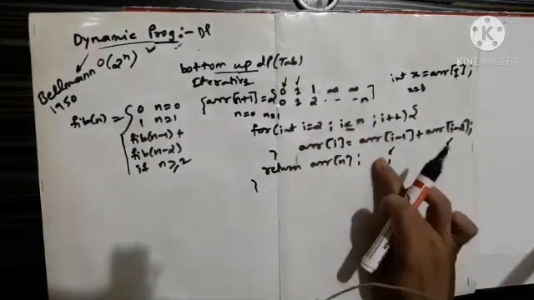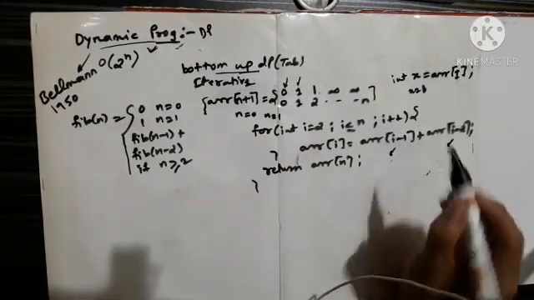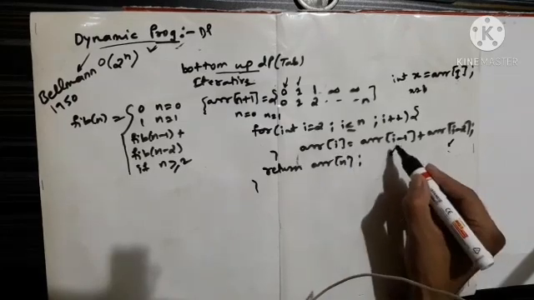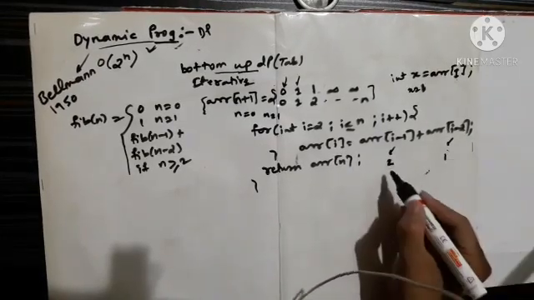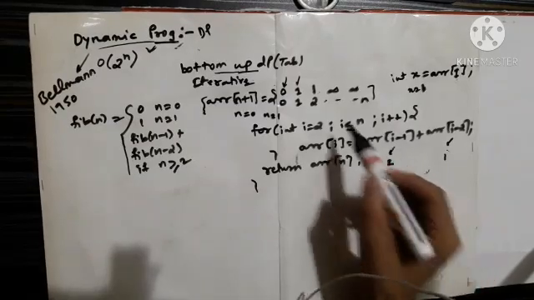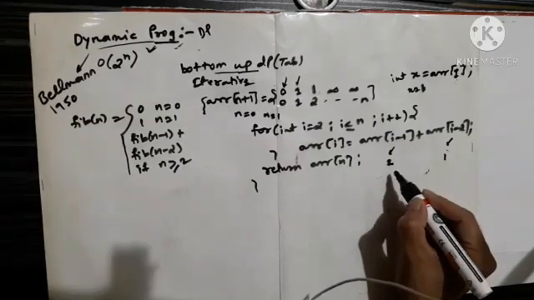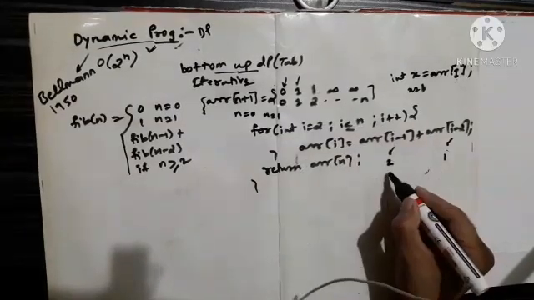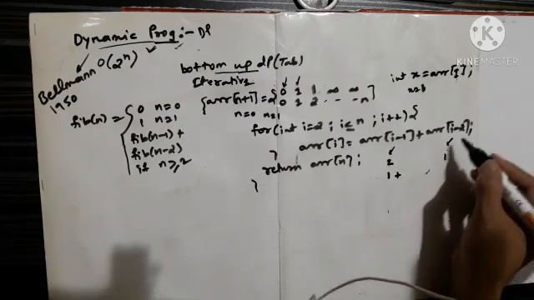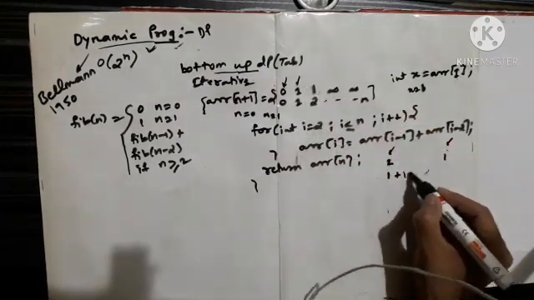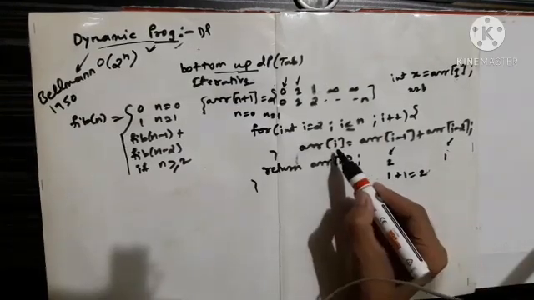Now let me dry run for another value. Suppose now i plus plus, so now i becomes 3. What is i minus 1? 2. What is 3 minus 2? It is 1. So go to the 2nd index, that is 1, and 1st index, that is also 1, and add them. 1 plus 1 is 2, and 2 will be assigned at 3rd index.